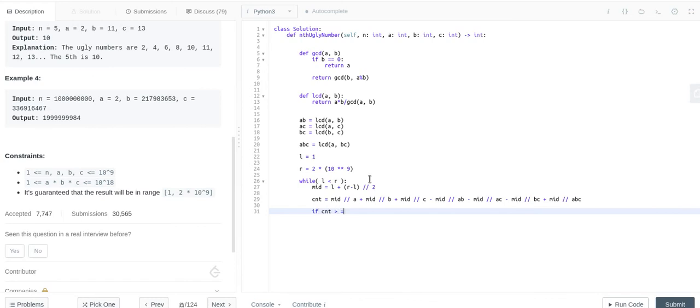If count is bigger than n, we go to the left, otherwise we go to the right.